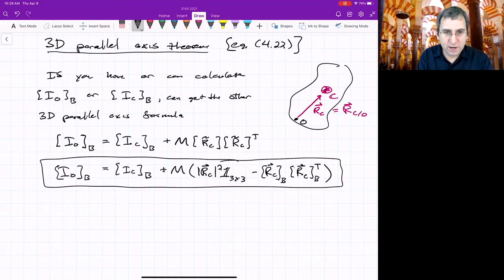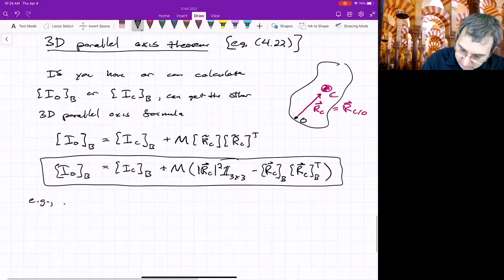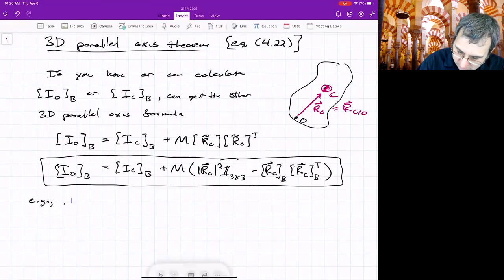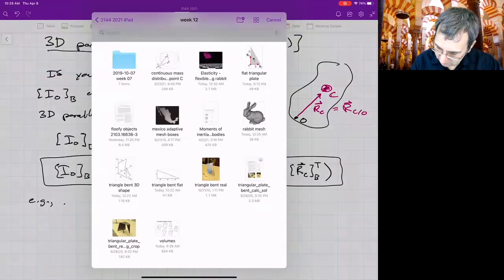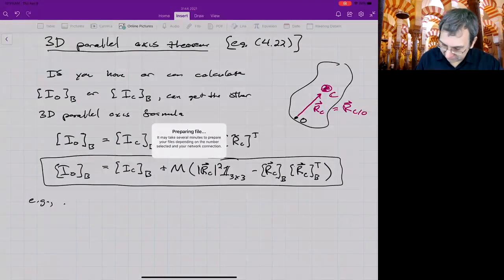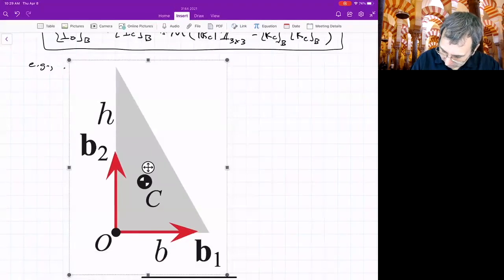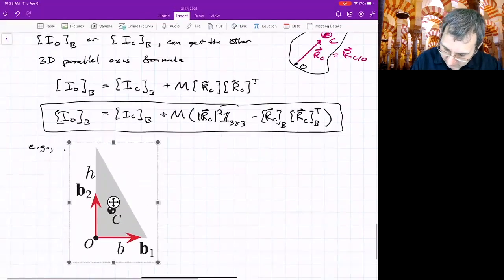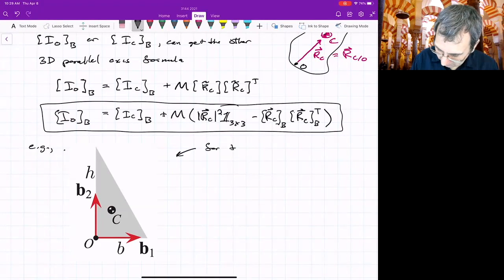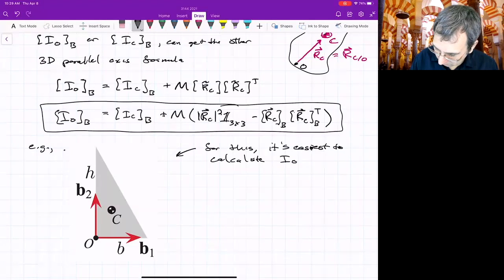And it goes both ways: if you have the moment of inertia about C, then you could get it about O, or if it's easier to get it about O, then you could calculate it about C. So as a completely arbitrary example, if we had a flat triangular plate, then for this, it's easiest to use the corner to calculate IO, right?